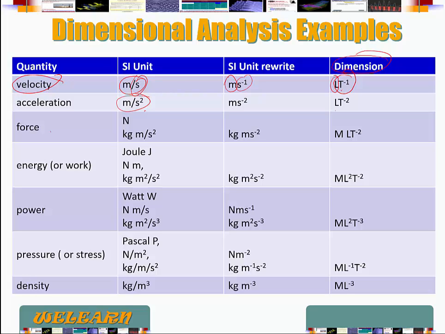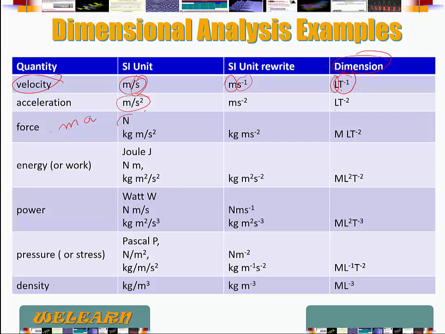Forces, for example, we'll see very soon that forces have the same unit as the product of mass times acceleration. Acceleration, we just saw that it is meters per second squared, and mass is in kilograms.